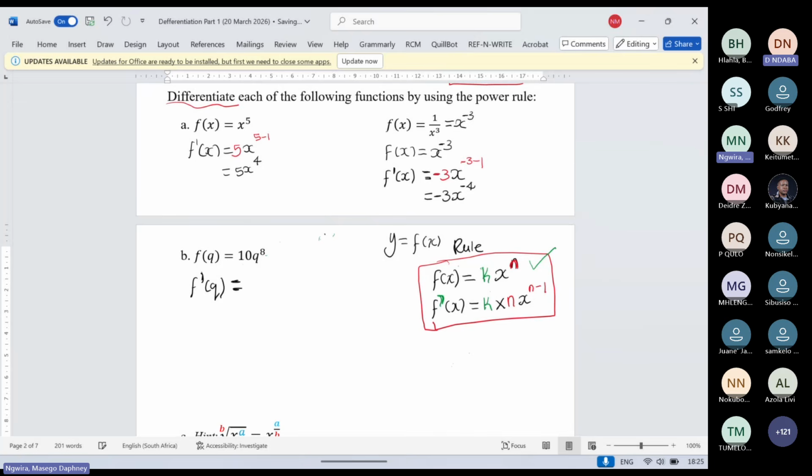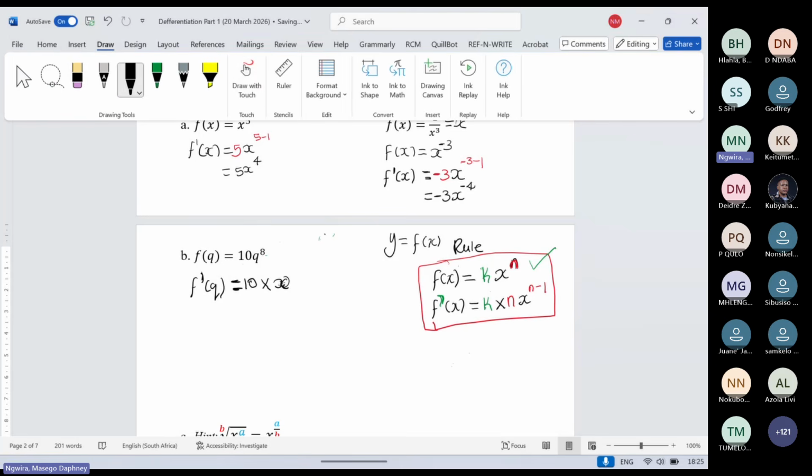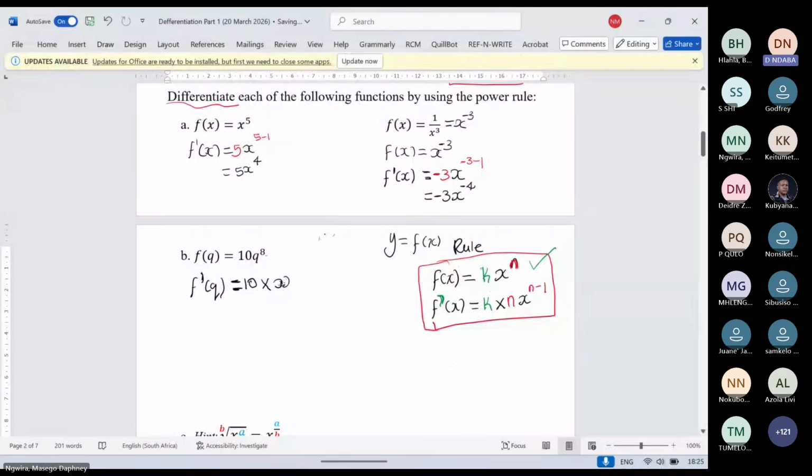It is equal to 10 times, oh sorry, it's q. Why can't I erase this one now? Okay, it's q. Thank you.